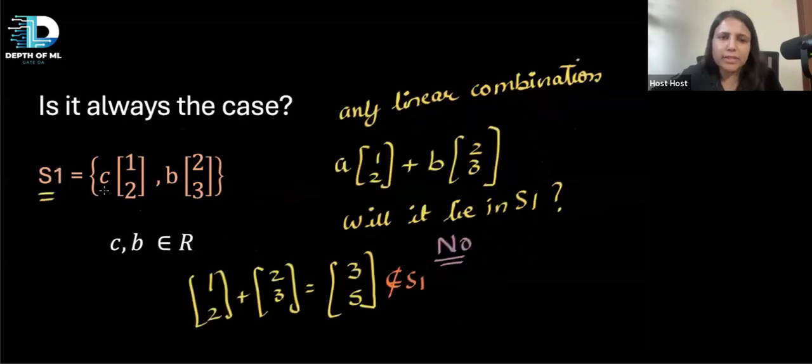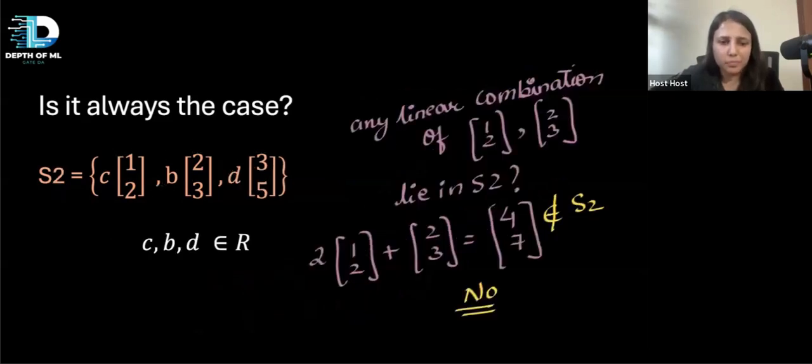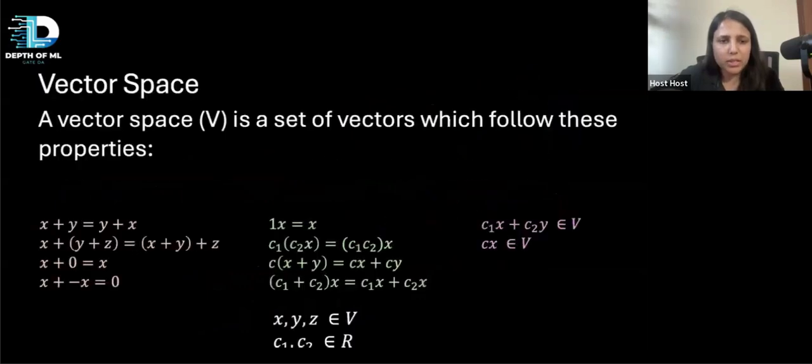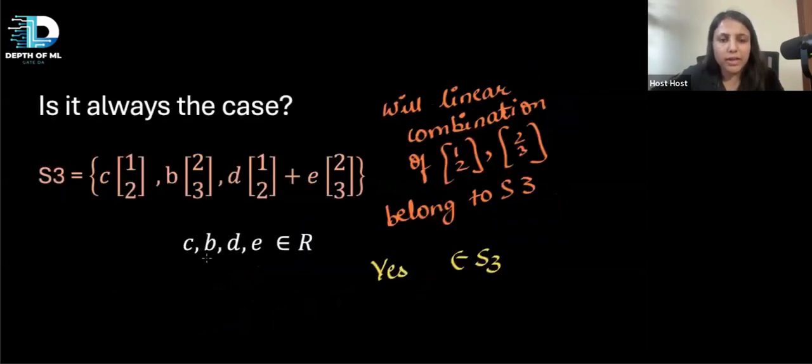Similarly, when I defined the set S1, there was no guarantee that any linear combination of these 2 vectors belongs to S1. So the set where you take the linear combination of any vectors and it still belongs to the set from which you have taken the original vectors, that particular set of vectors is called a vector space.